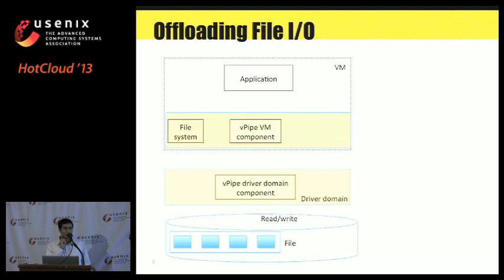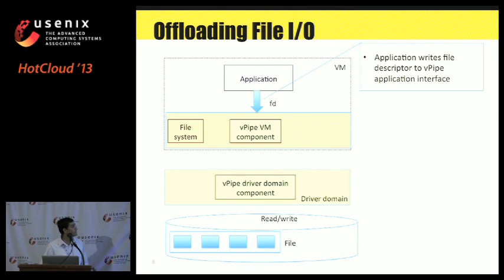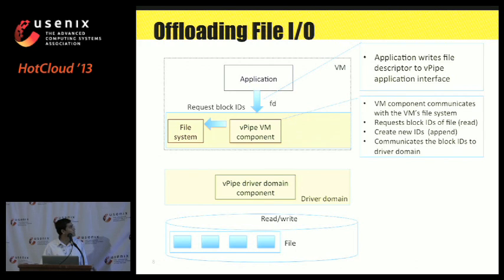So let's look at how vPipe offloads the file I/O. First, the application opens the file which is on the disk, and then it has a valid file descriptor, of course. Once it has the valid file descriptor, it pushes this file descriptor ID to the vPipe VM component. The vPipe VM component contacts the VM's file system and requests the physical block IDs of this particular file.